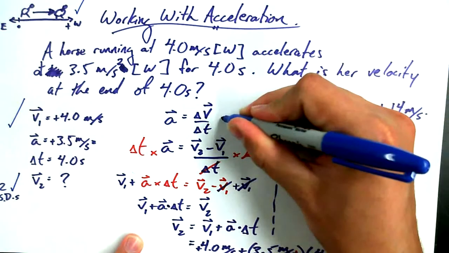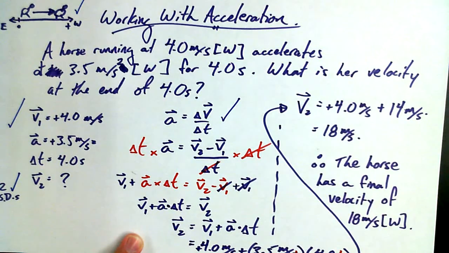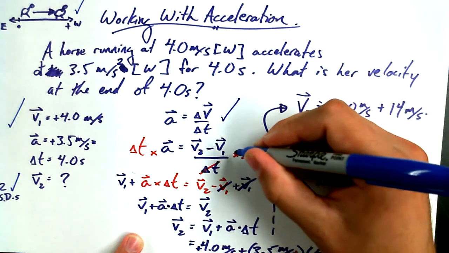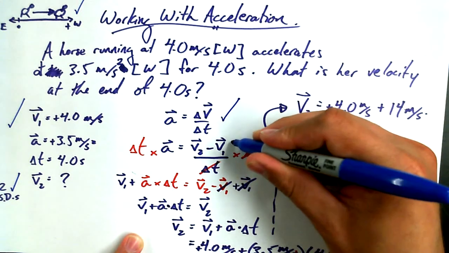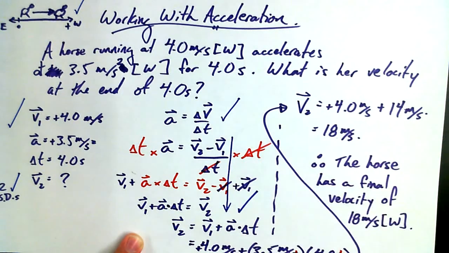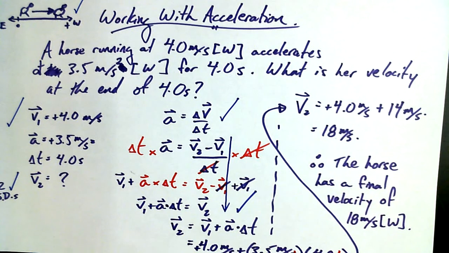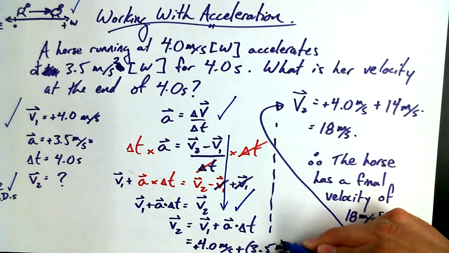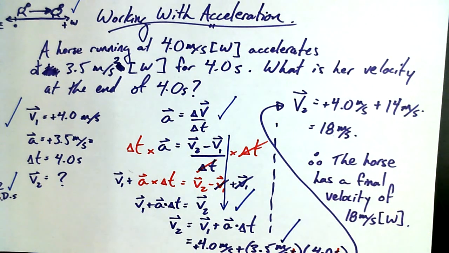Write out your initial equation. You always want to write out your initial equation. You rearrange your equation or you isolate your variable without subbing in any numbers. So you're just using variables. That's a process thing. When you sub in your values, you sub them in with all the units.